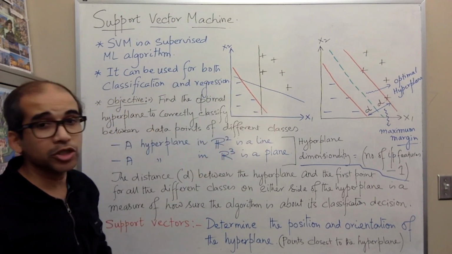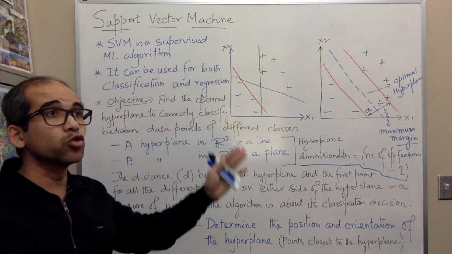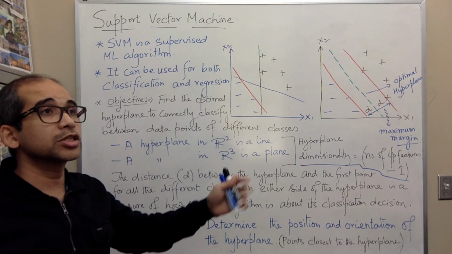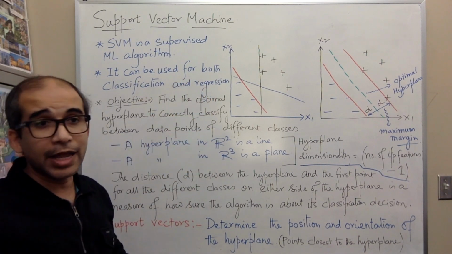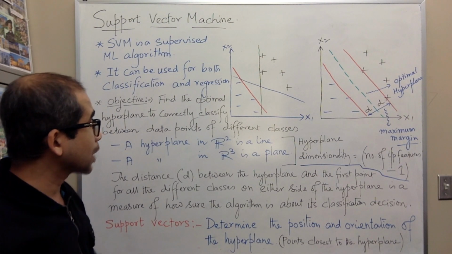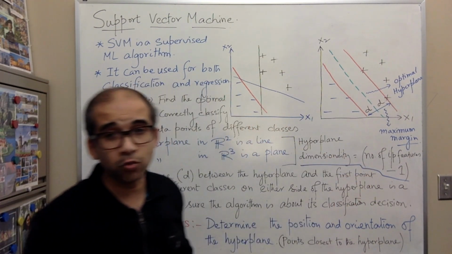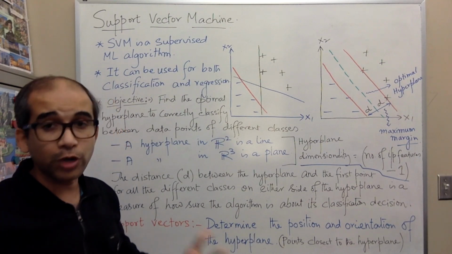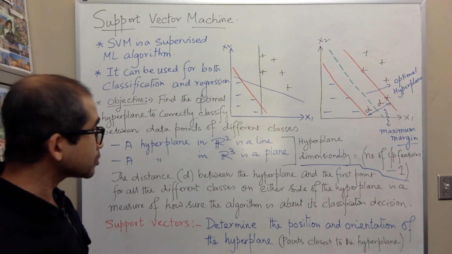If it's a three-dimensional space, like a room with some points distributed around it, then the hyperplane will be a plane which separates those points into two different groups. So the hyperplane dimensionality is the number of features minus 1. If it's a four-dimensional space, then the hyperplane will have three dimensions.